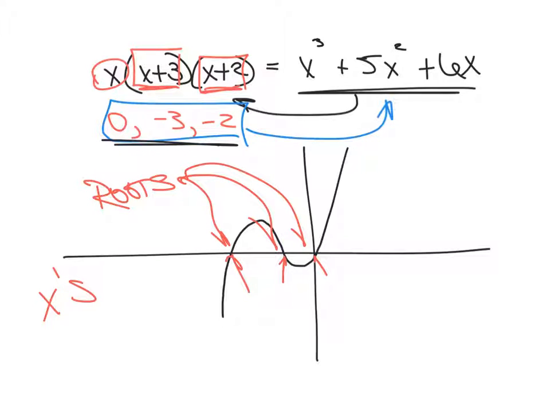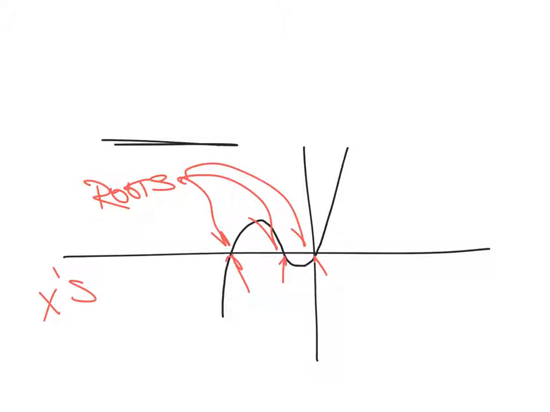Alright, so what we're going to do is factor some numbers that are a little bit different than what you're used to factoring. Back in the olden days, we would take x cubed plus 5x squared plus 6x, and if I were to ask you to factor that, you would look to see what was common in all three of those.